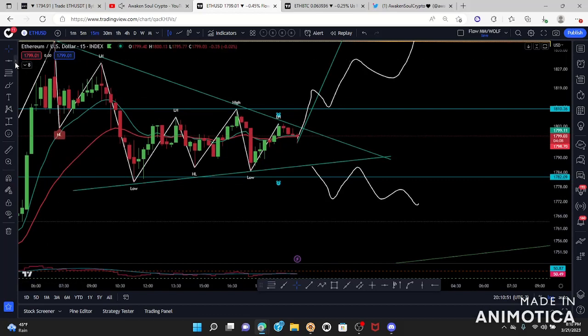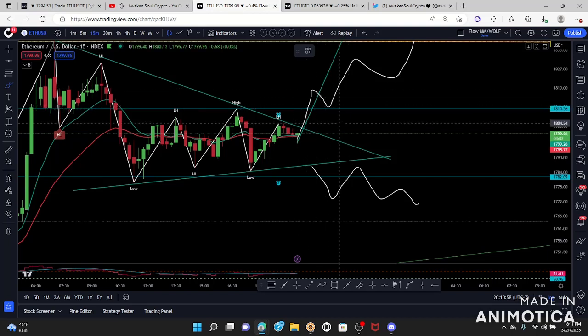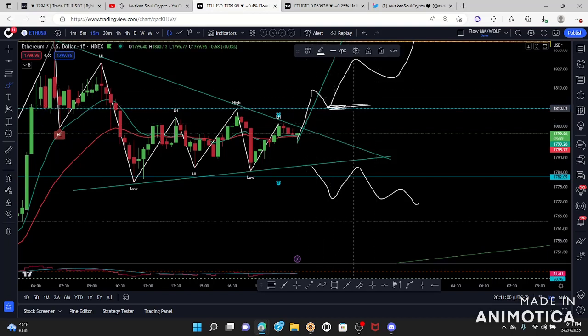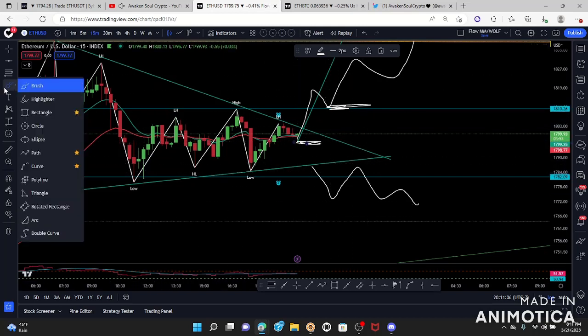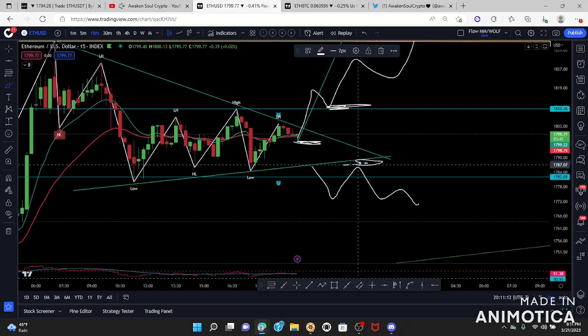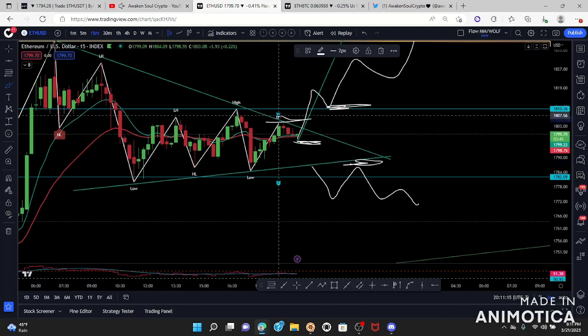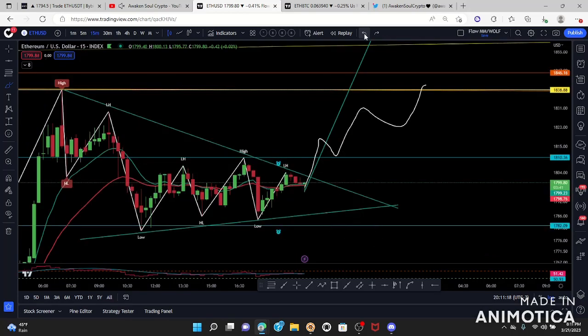Let me draw it for you. If it breaks, you want to wait for the retrace, enter at higher lows, and set your stop loss at previous higher lows. And if it breaks the range to come to the downside, let it break, retest, enter at lower highs, and set stop loss at previous lower highs. I hope that makes sense.